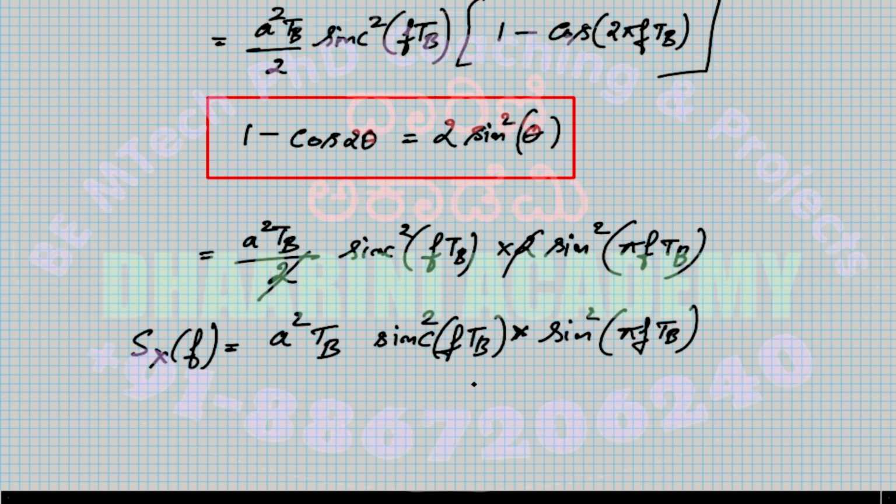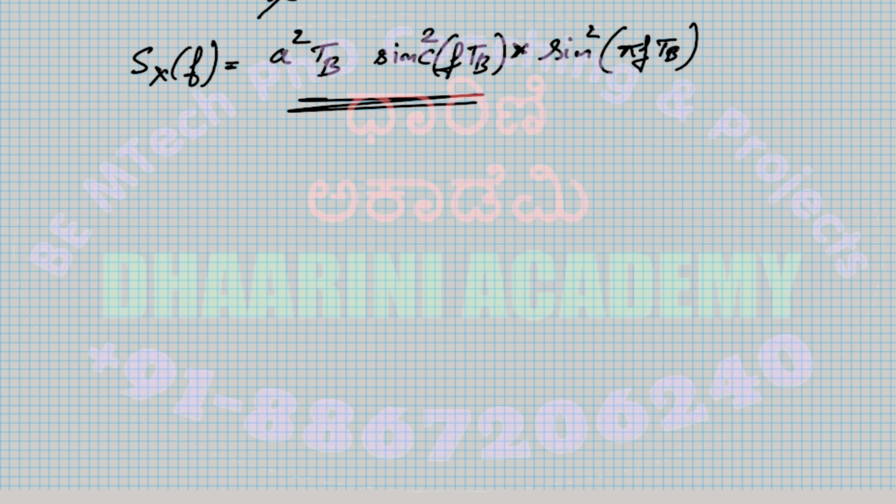All right. Now, how should it look? A square Tb into sinc square, we already know that, right? To that, I need to multiply not a sine function, but a sine square function. Sine square has no negative terms, all positive, because if you remember, the sine wave will be something like this, correct? What is a sine square?